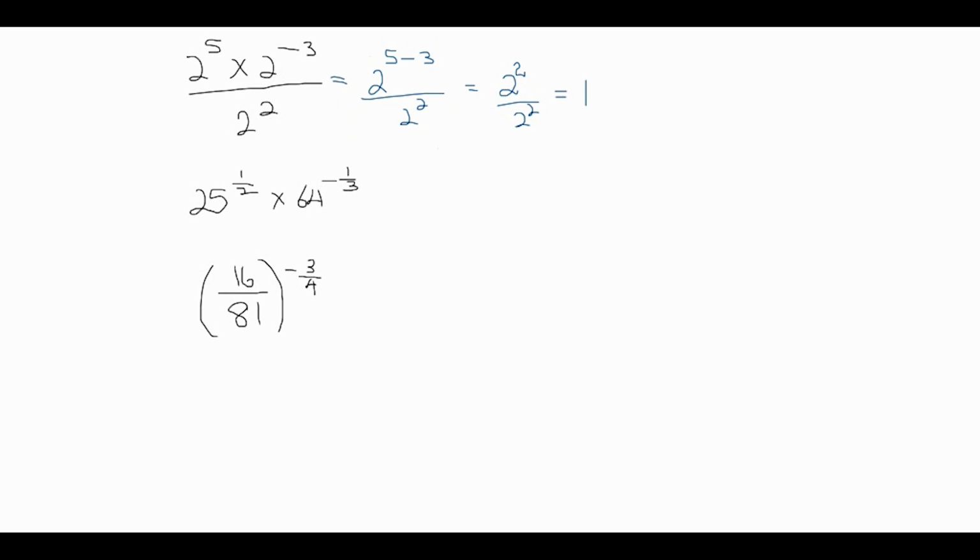So that could have given us 2 to the power of 5 minus 3 minus 2. Yeah, 5 minus 3 minus 2. All right, and this would then simplify to being 2 to the power of 0, which would still give us 1.